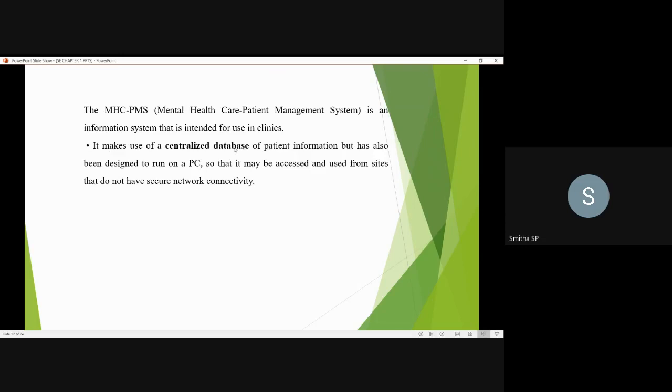It is centralized in the sense that it holds data regarding the patient: what issues the patient is suffering from, what the disease is, and which treatment he has undergone. All these details are maintained in a centralized database, which the MHC-PMS makes use of.